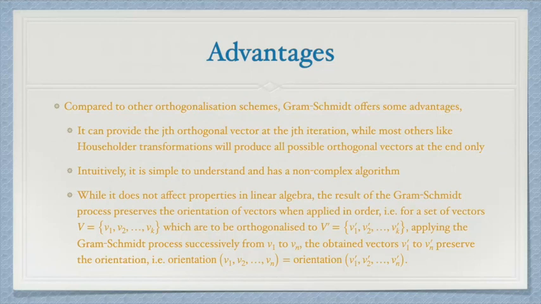One of the properties is that the orientation of the original set V1, V2, V3 is the same as the orientation of the new set, V1 dash, V2 dash, so on and so forth. One possible application of this is in the exterior product, where orientation is used to determine how the exterior product is going to take place.